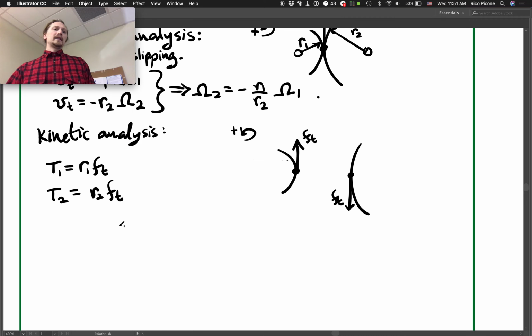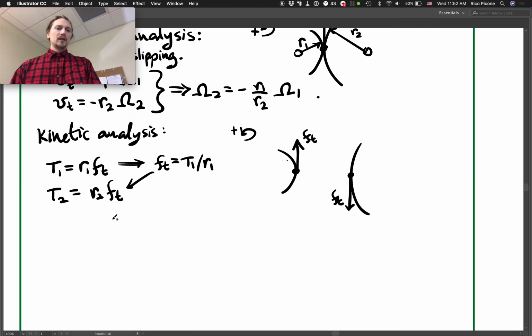So let's solve the first one for Ft: Ft equals T1 over R1, and let's substitute that into the other equation, which says T2 equals R2 Ft. Now we bring the R1 over, and T2 equals R2 over R1 times T1.